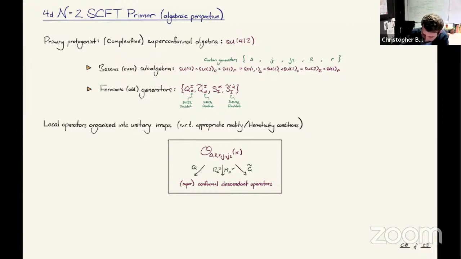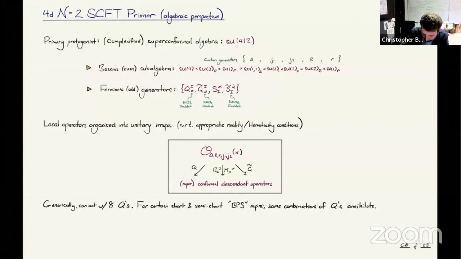And the main thing to think about is acting with the Qs. So these Qs and Q tildes give you the superpartners of this superconformal primary. And generically, you can act with 8 of them to get different super descendants. So if you can act with all 8 and get things that are non-trivial, then you're dealing with a sort of generic or what's sometimes called a long representation of this superconformal algebra.